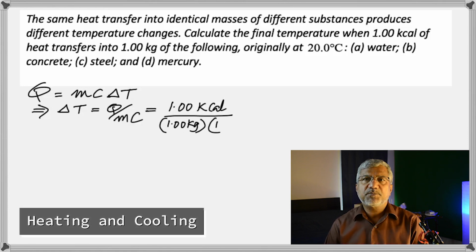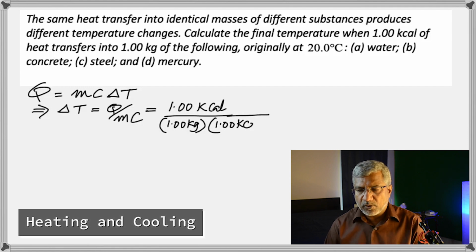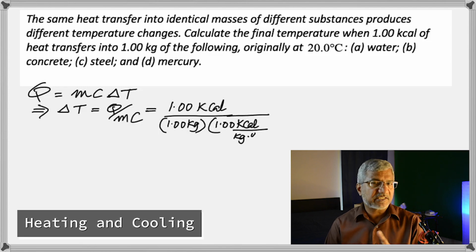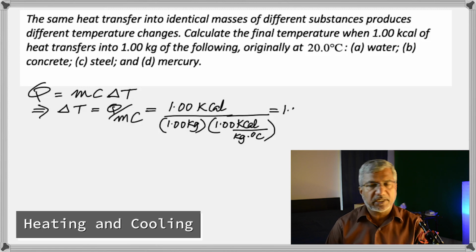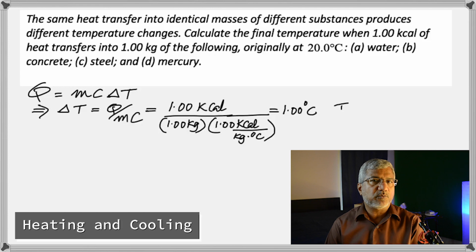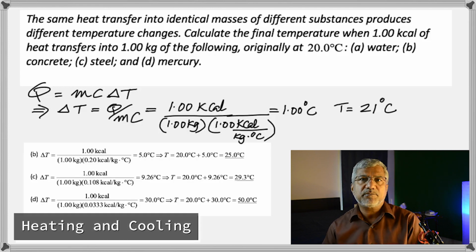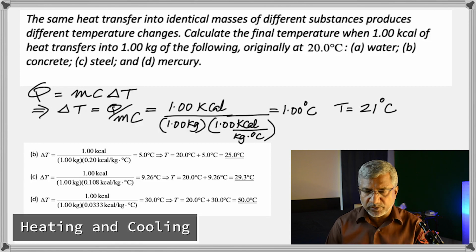And then we need the specific heat of water, which is 1 kilocalorie per kilogram per degree Celsius. Easy to remember. When you do the calculation, all of this is 1, so you get 1 degree Celsius. That's the change in temperature. So the final temperature would be 20 plus the change, which is 1, so 21.